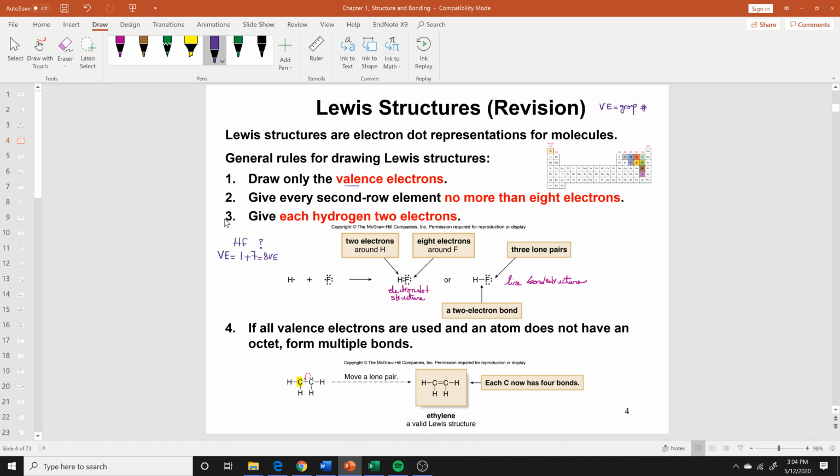In order to draw the electron dot structure, all you need to do is show the hydrogen with 1 valence electron. This is group 1. Fluorine with 7 valence electrons. Count them. These are 7. And then remember that every bond is the overlap of 2 electrons. So when 2 electrons combine, you make a bond.